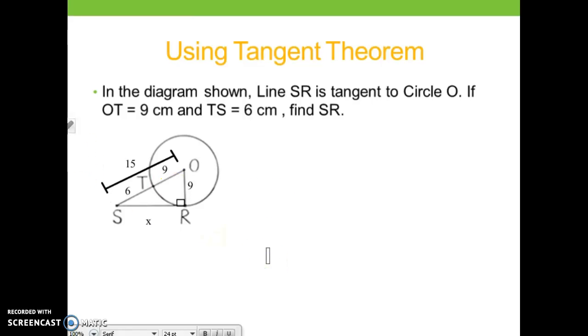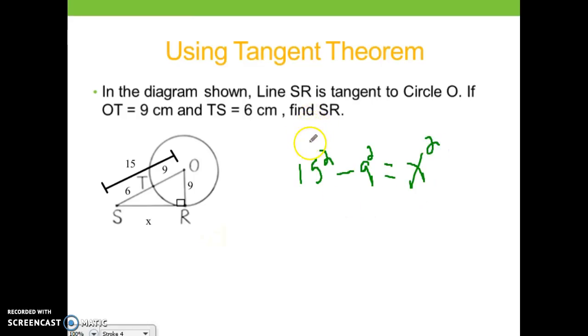So now we can use the Pythagorean theorem to find the missing leg. So we're going to do 15 squared minus 9 squared equals x squared.